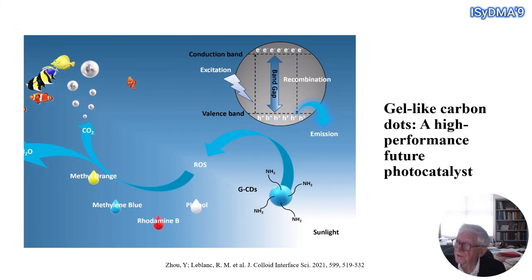The dyes that we have worked with were rhodamine B, nitrophenol, methylene blue, and methyl orange, and this is, of course, affected by the carbon dots, and we can see the H plus and also the electron interacting with these dyes.